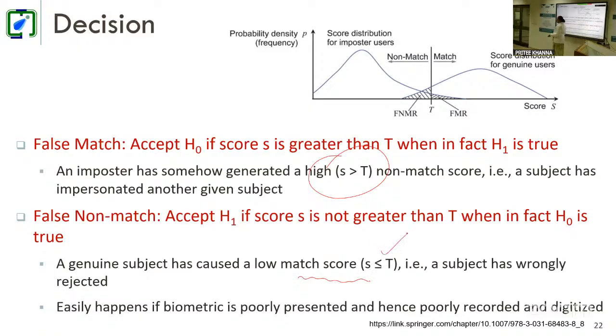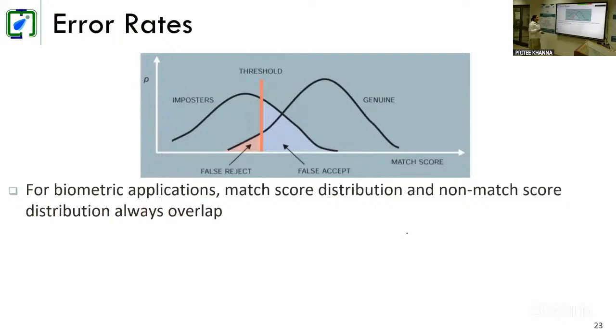If the features are not accurately extracted, this is going to happen frequently, because the original user's templates are not accurate. So now, as I told you, for biometric applications, these scores.